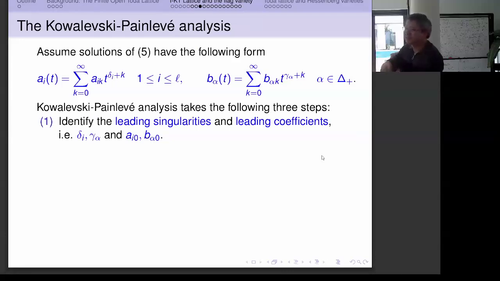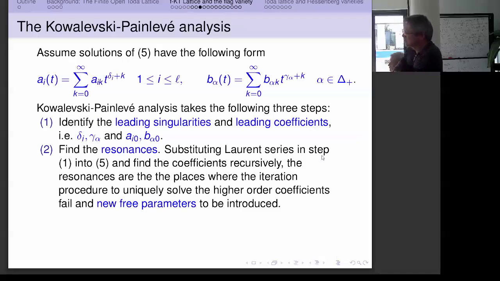We plug it into the system, and we find what we need to find. We need to find the exponents, theta_i k and gamma alpha, theta_i gamma alpha. We need to find the other coefficients a_ik, b_alpha k. And I will show you that to do all this is possible.